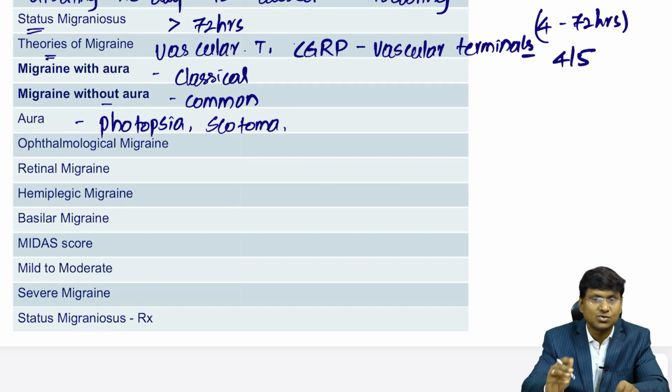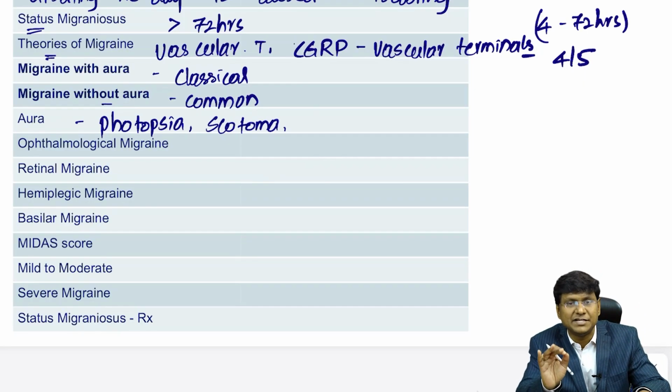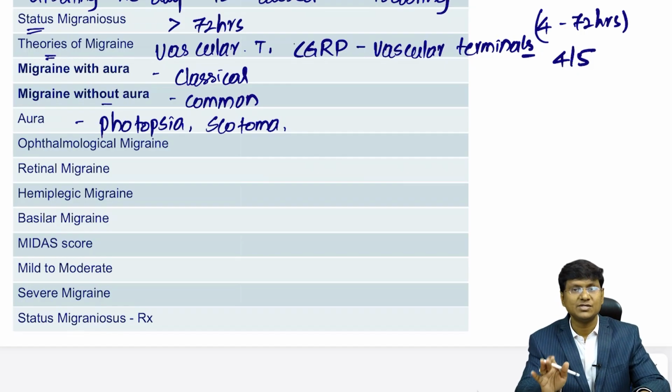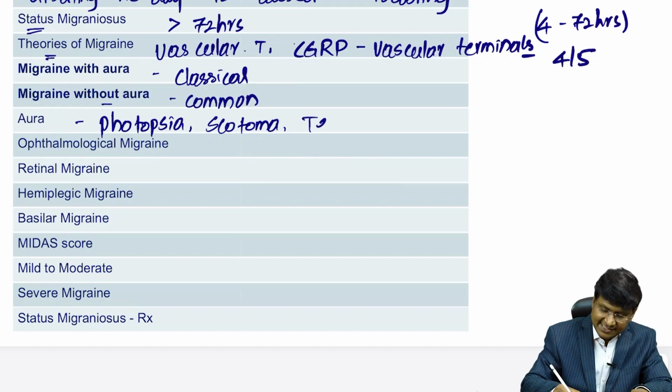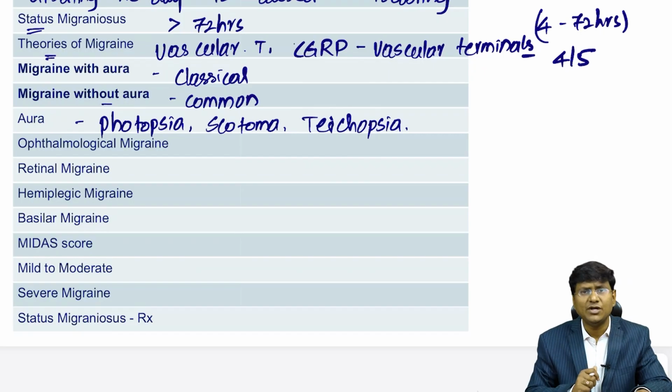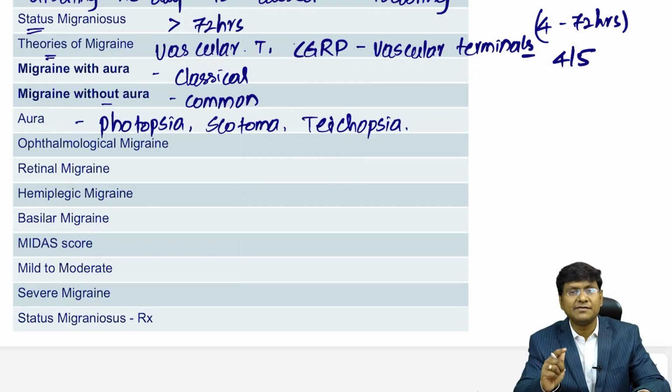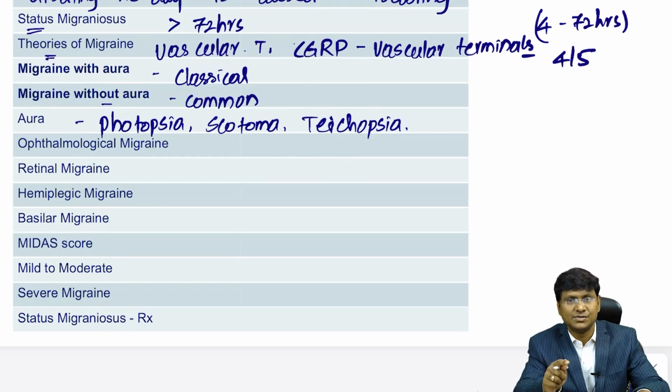Scintillating scotoma is an enlarging blind spot with shimmering edges. Then you have dazzling zigzag lines, and this is what is called teichopsia. Teichopsia is a formation of dazzling zigzag lines, like fortification spectra.